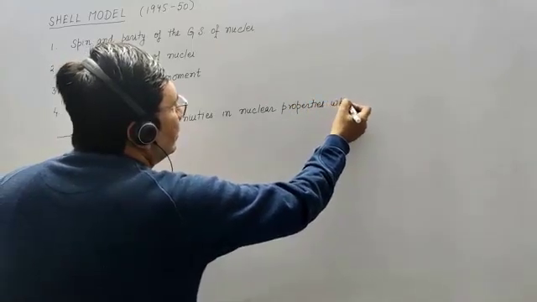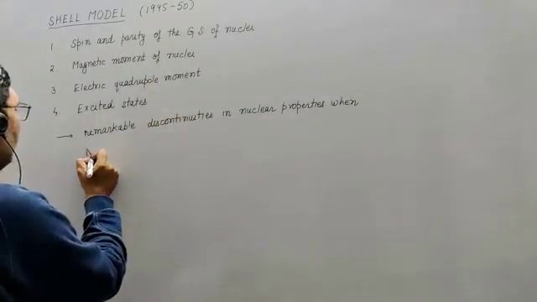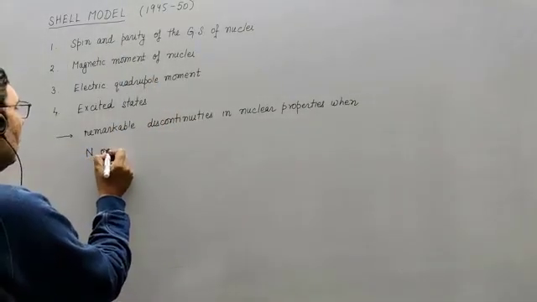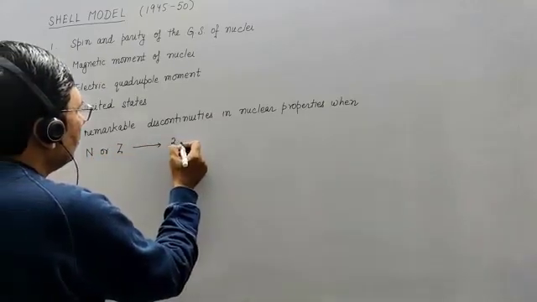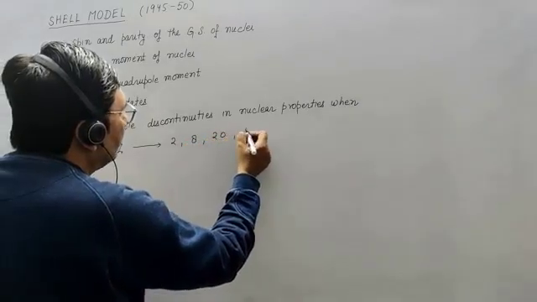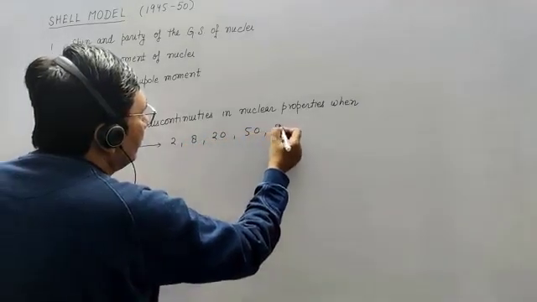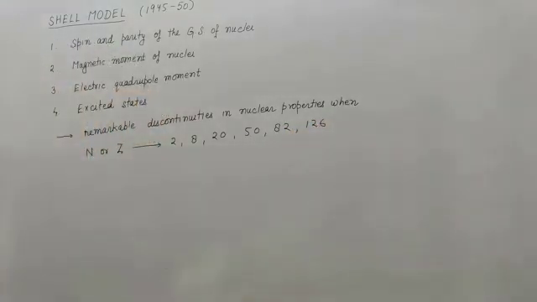When the number of neutrons or the number of protons becomes equal to 2, 8, 20, 50, 82 and 126, the properties are remarkably changed.